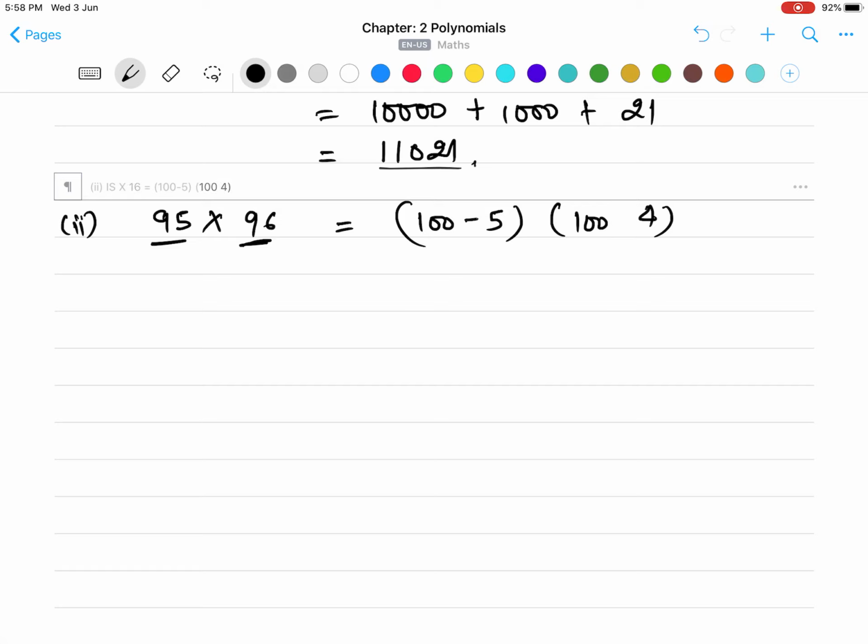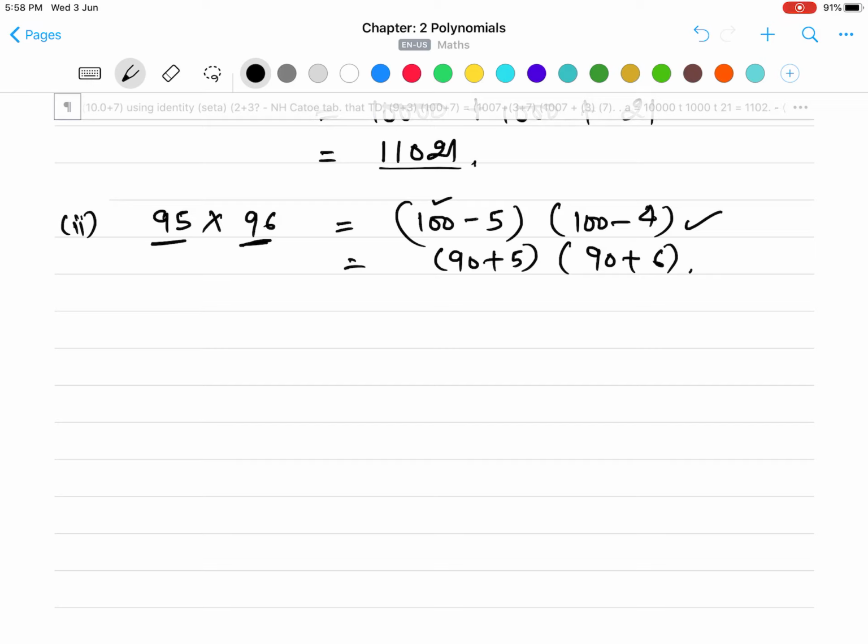You can also write this 95 as 90 plus 5 and 96 as 90 plus 6, but we will use the first form because it is convenient to calculate with 100 rather than 90. So we'll write them as 100 minus 5 and 100 minus 4.